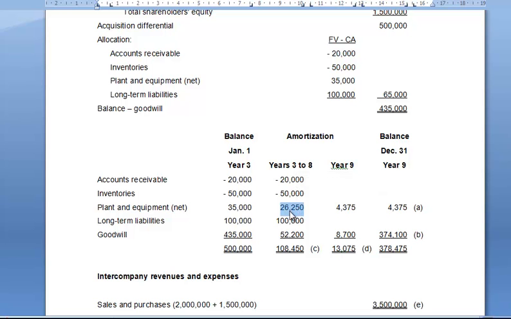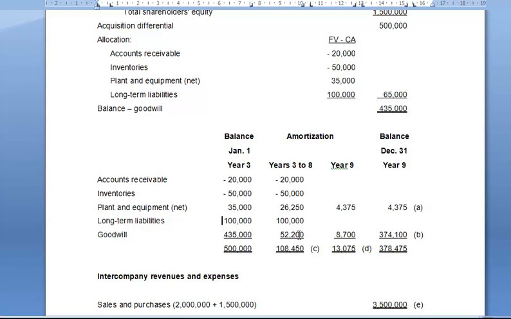We have to multiply that now by 6 years: year 3, 4, 5, 6, 7, and 8. That's 6 years. So 4,375 times 6 is going to give us 26,250 over that period.